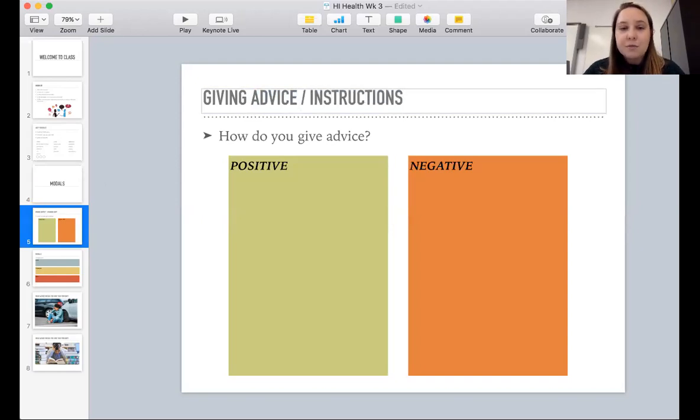You may not have heard the word modal, but I know that you use modals often. So you might think of it as when a doctor gives advice to a patient. They might say, you need to have surgery, or you should exercise more. Those words like need to, should, could, ought to, have to, all of those are our modals.